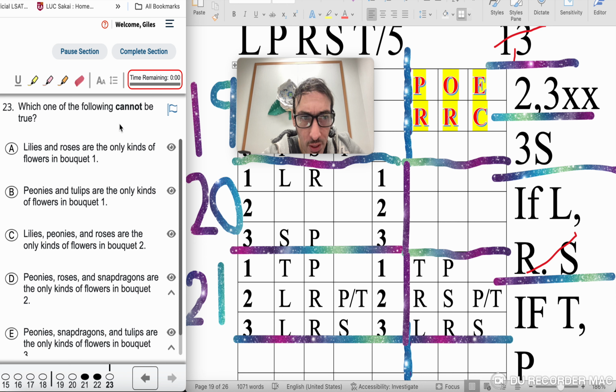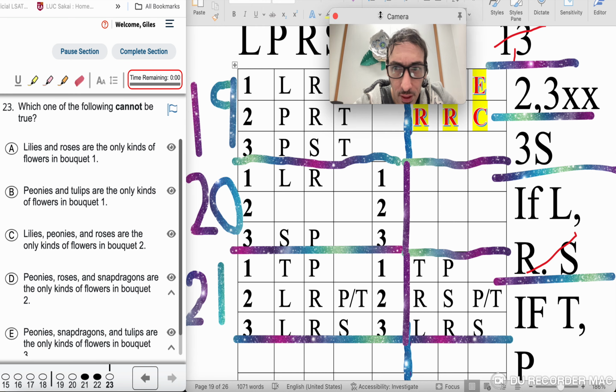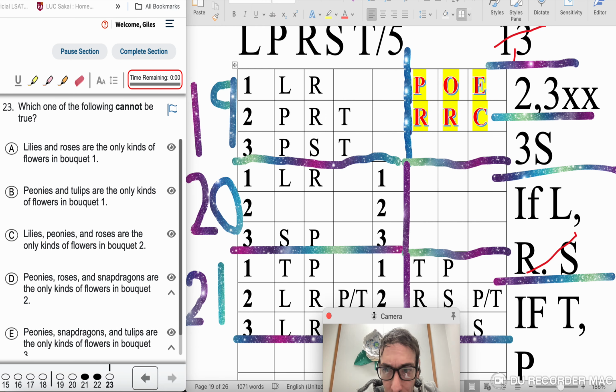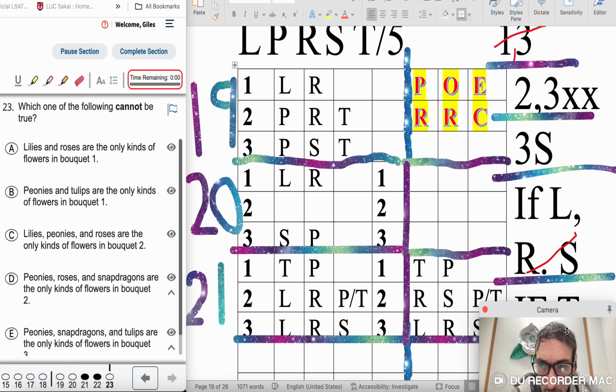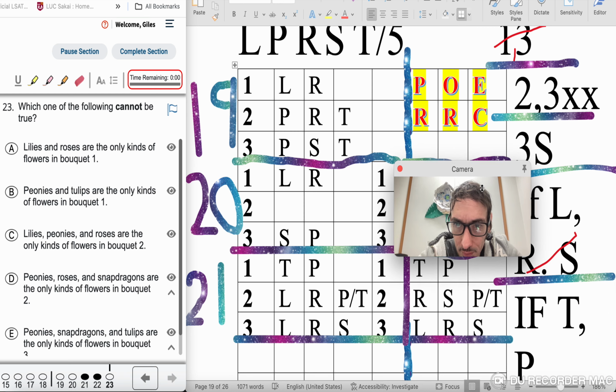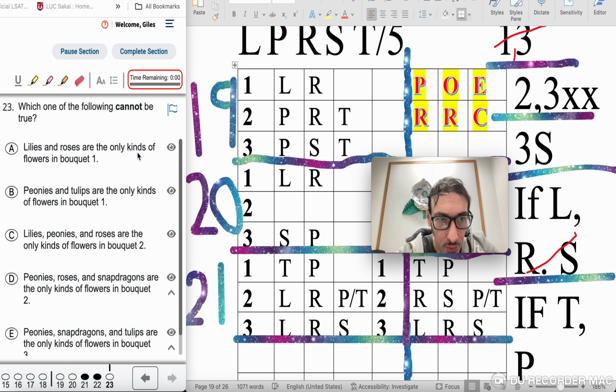Question 23. Which of the following cannot be true? L and R are the only kinds of flowers in bouquet 1. Let's see if we can look at the game board here. So we see it here, so go ahead and take it out since we see it. P and T are the only kinds of flowers in 1. We see it here, so yeah, that could work out. L, P, and R are the only kinds of flowers in 2.